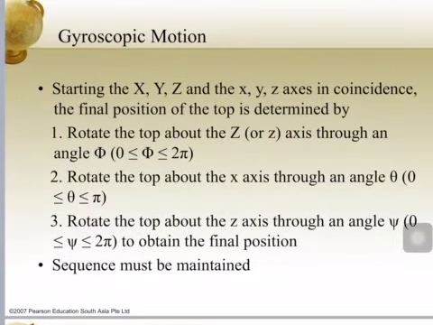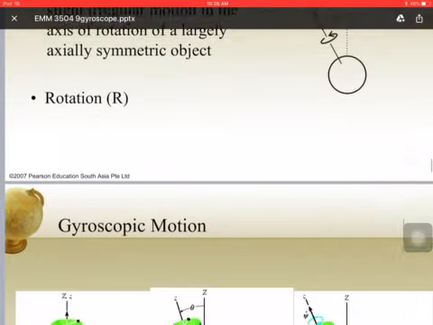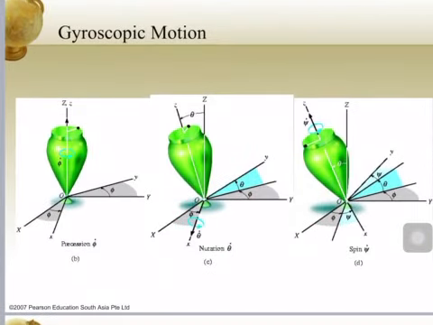And the second step is we rotate the top about the x axis through an angle theta. If you notice, the x is small. If you look at the first picture, due to the first step, the big x and the small x axis are not overlapping anymore.